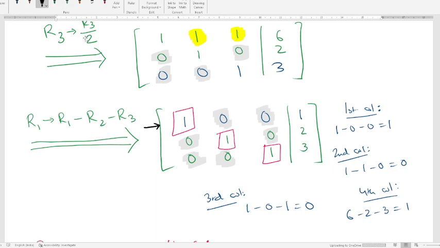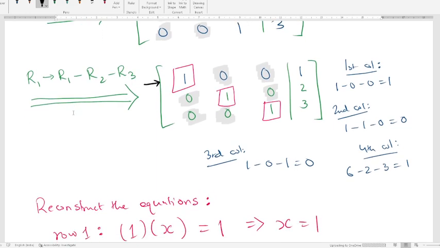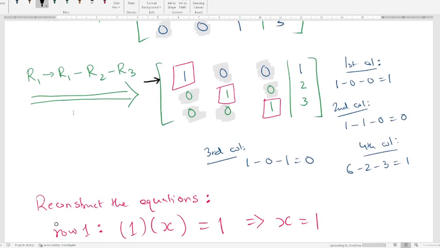What is the coefficient of x? 1. What is the coefficient of y? Okay, so we'll write down x here, y here, z here. The coefficient of x is 1, the coefficient of y is 0, the coefficient of z is 0. So x multiplied by 1 should be equal to 1, because the last column is the RHS.